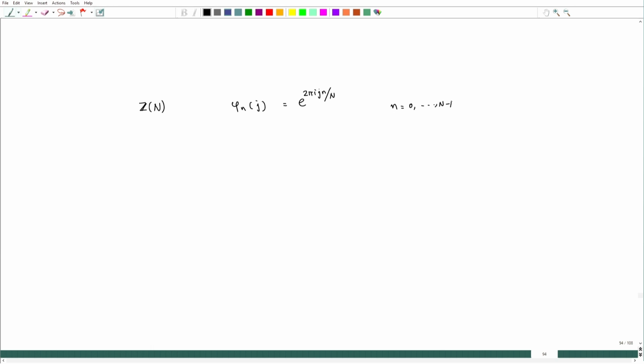Then what we have observed is that with the inner product on the space of all functions on Z n, we found that the inner product of phi k, phi j is equal to 1 by N if k is equal to j and 0 otherwise.